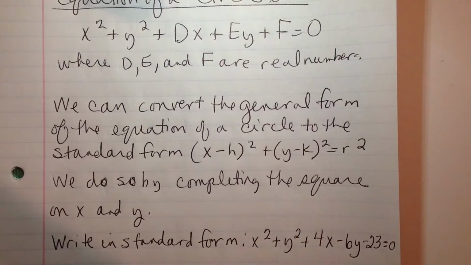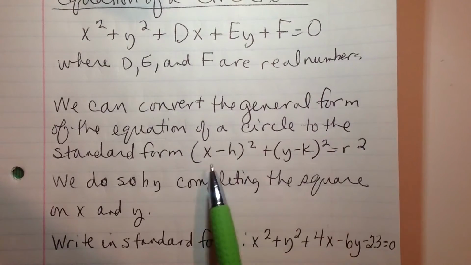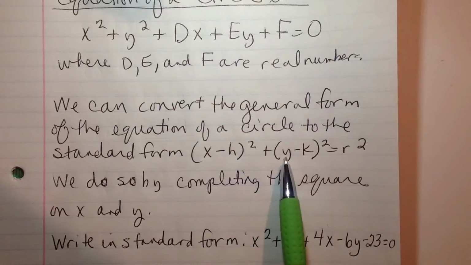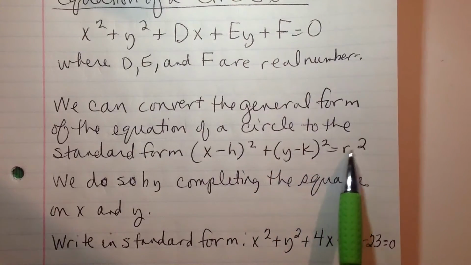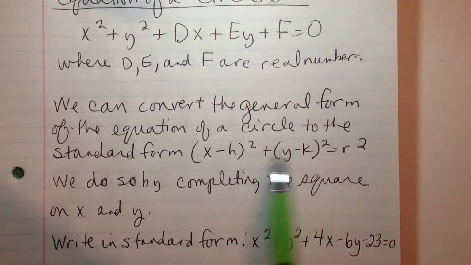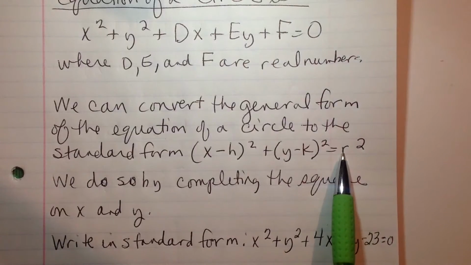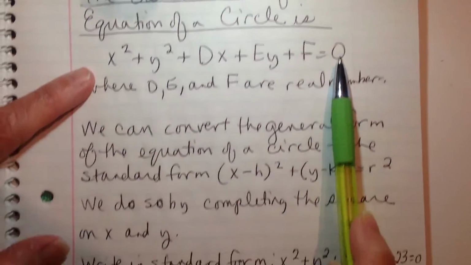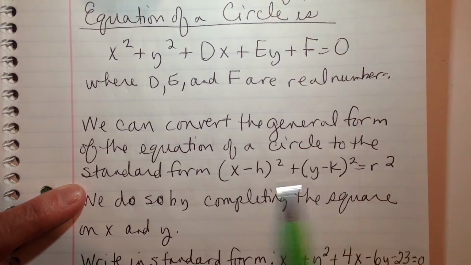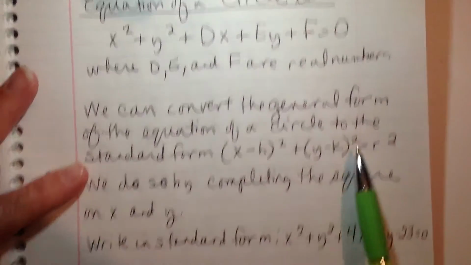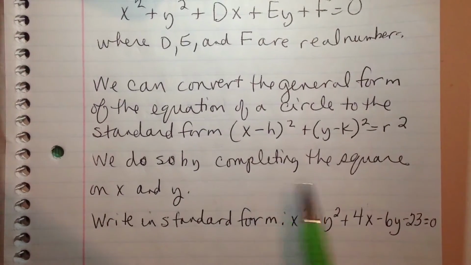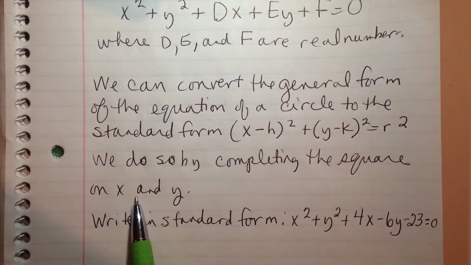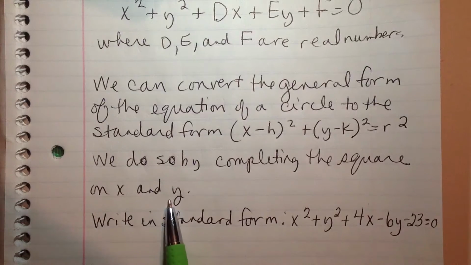We just worked a problem with standard form, (x − h)² + (y − k)² = r², the center being (h, k) and the radius being r. So we're going from the general form down to the standard form. We do so by completing the square on x and y.